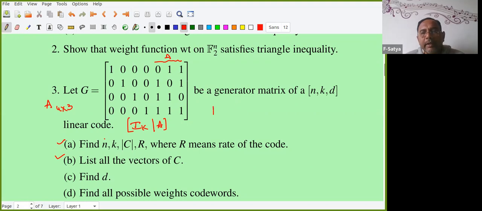So H is equal to: first row 0, 1, 1, 1, then 1, 0, 1, 1, then 1, 1, 0, 1, and the identity matrix here.